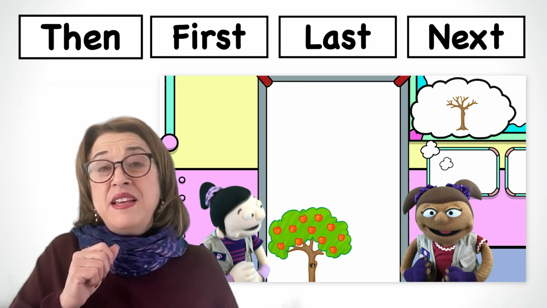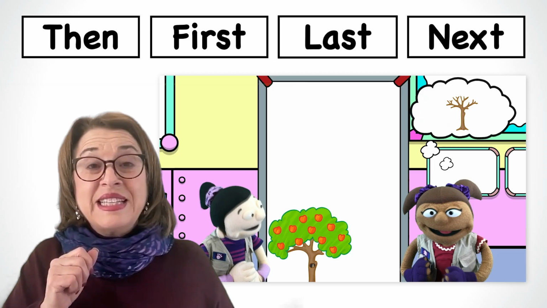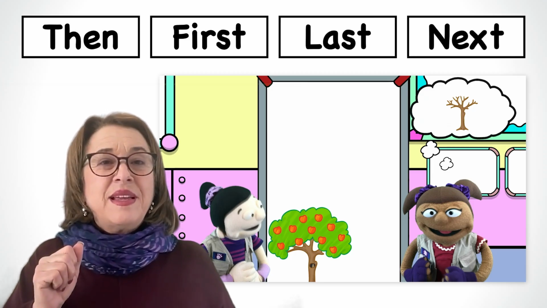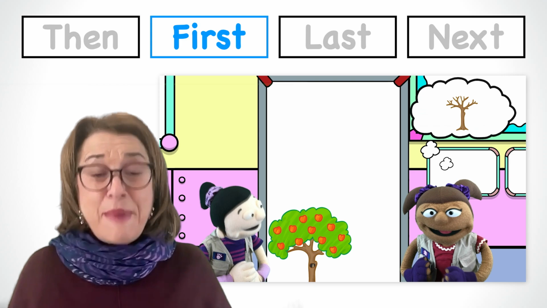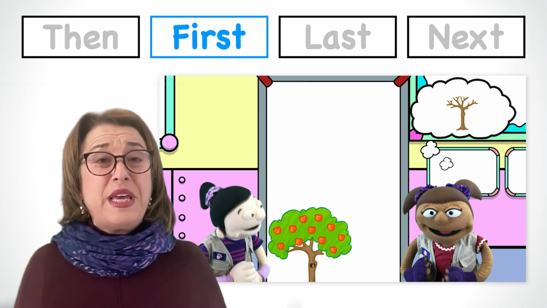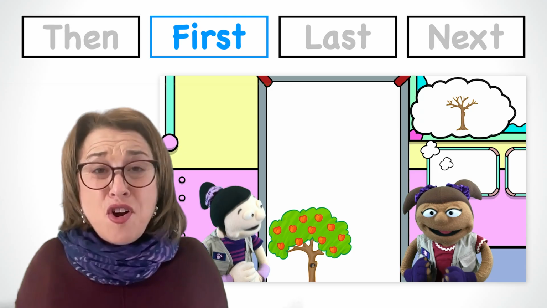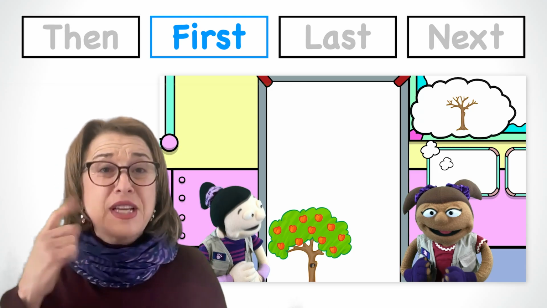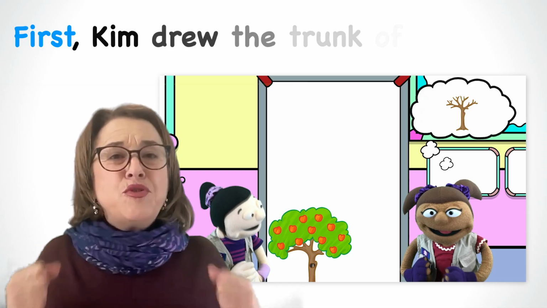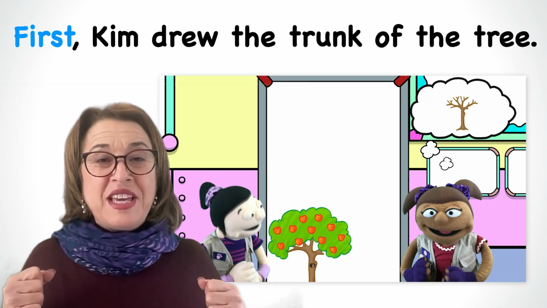Is it then, first, last, or next? Yes, first is the best word because Kim started with the trunk of the tree. She did that first. So we would say, first, Kim drew the trunk of the tree.